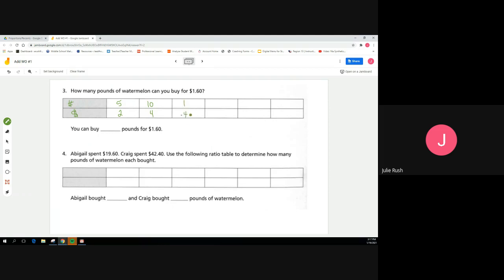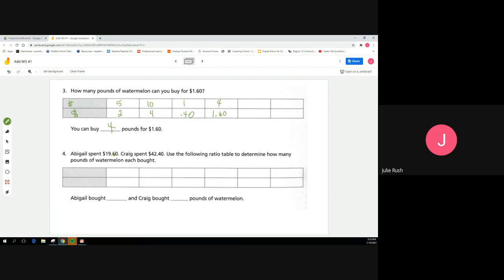Okay, so I know that 4 goes into 16 4 times. So it would only stand to reason that 40 cents goes into $1.60 4 times. And so just by multiplying by 4, we get to $1.60, and 4 times 1 here. So you can buy 4 pounds for $1.60.